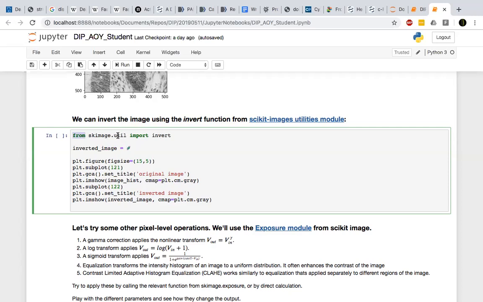This object, scikit.util, it's a module. So from this module, I'm going to import a specific function. That function is the function invert. All right. Now I can just use the function invert as is. I don't need to tell the computer which invert to use. I'm going to use this specific invert because I already imported it with the name invert.